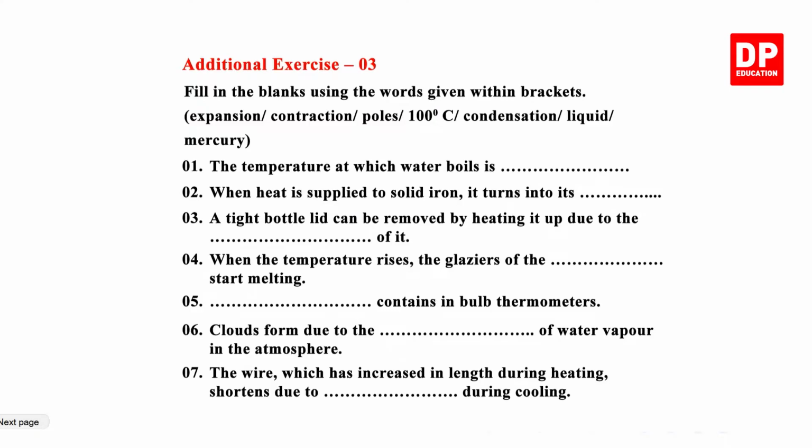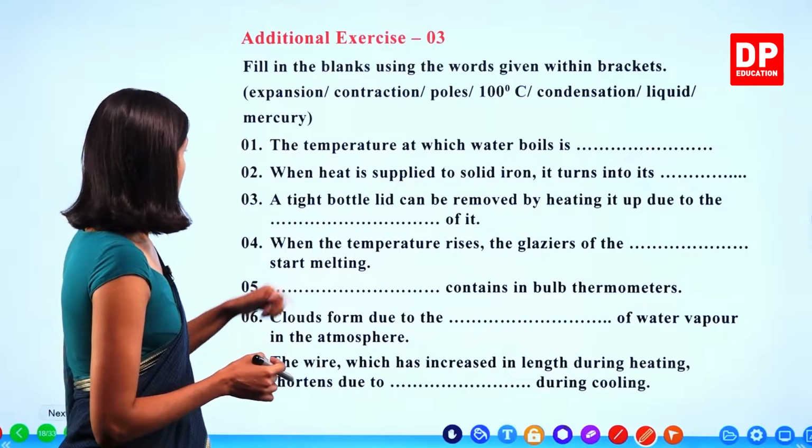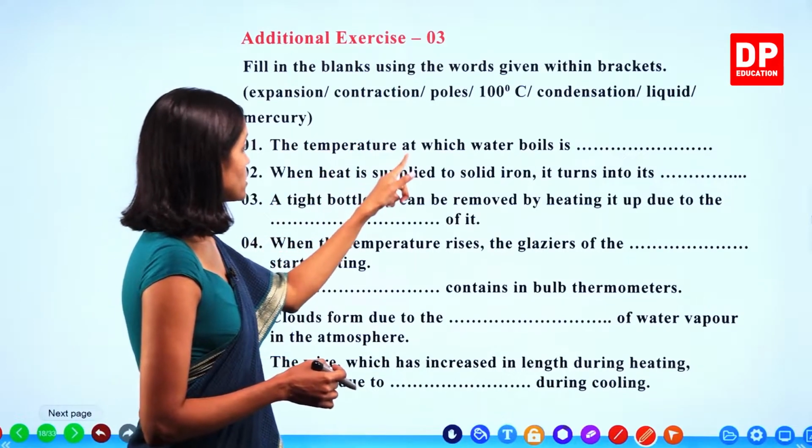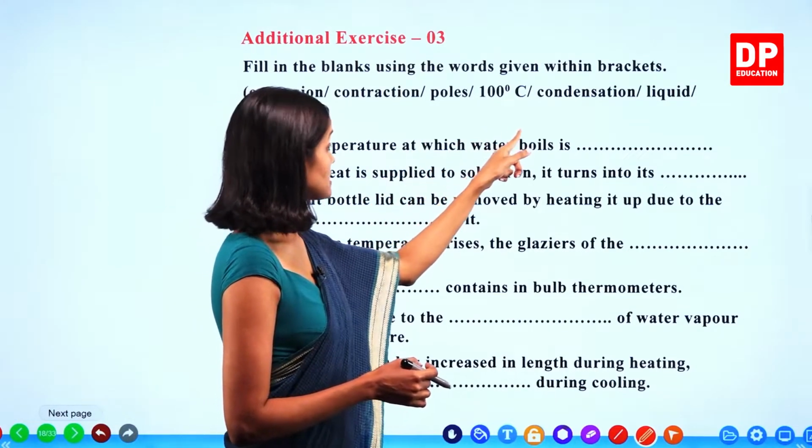Okay. Exercise 3. Fill in the blanks using the words given within brackets. You all can see some words given. Expansion, contraction, poles, polar regions, 100 degrees Celsius, condensation, liquid, mercury, right? First question. The temperature at which water boils is.